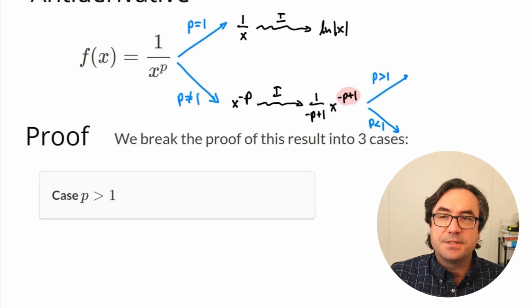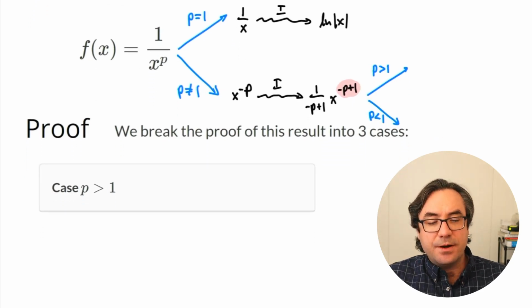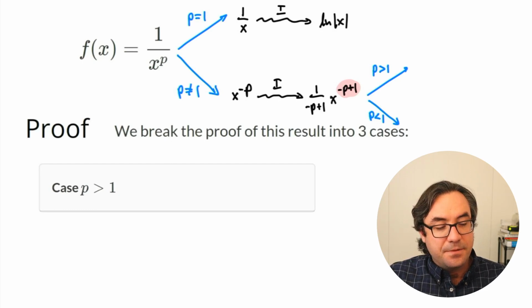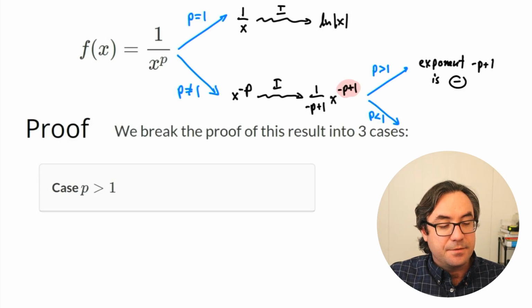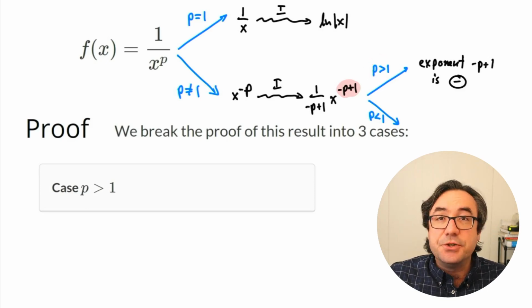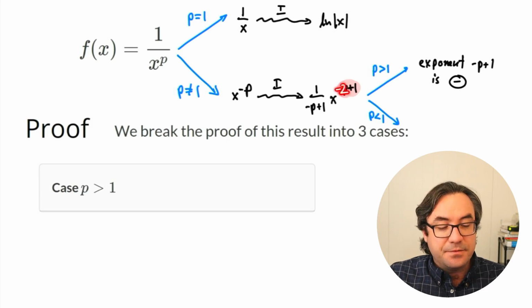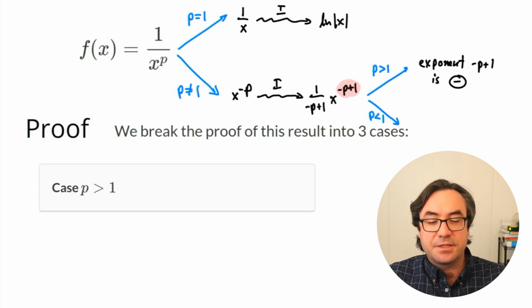So what happens in the case when p is greater than 1? This exponent, which is negative p plus 1, is negative. So if p is greater than 1, so something like 2, we end up with negative 2 plus 1. We end up with a negative exponent.